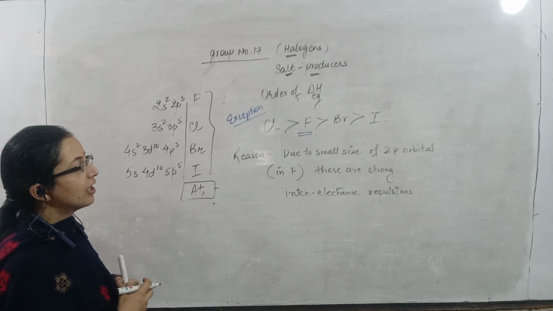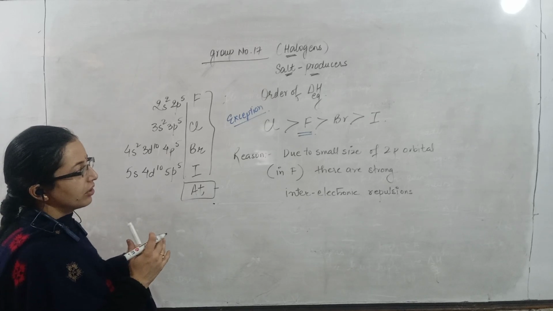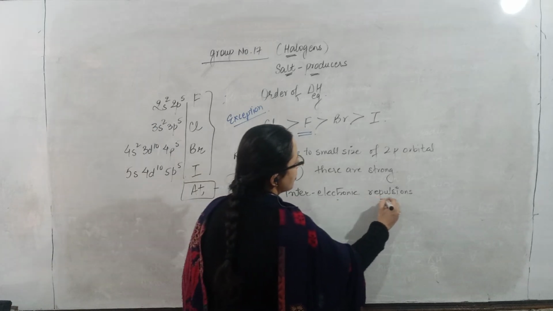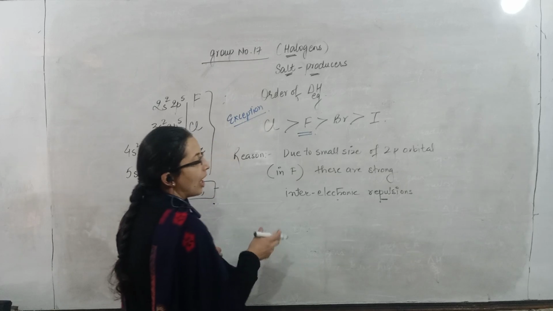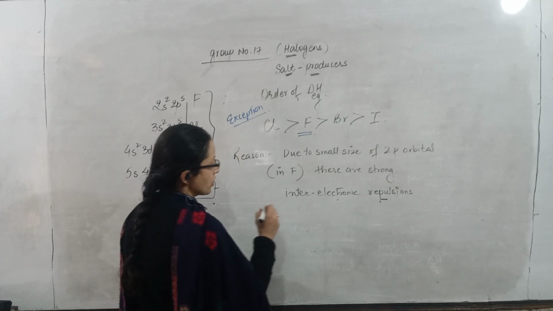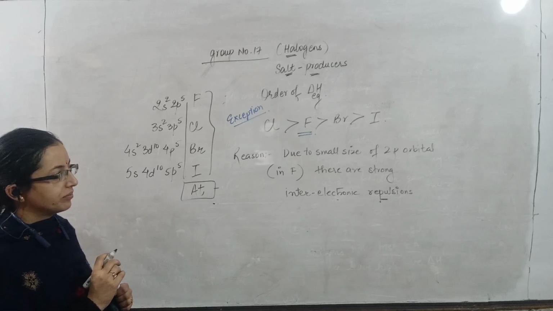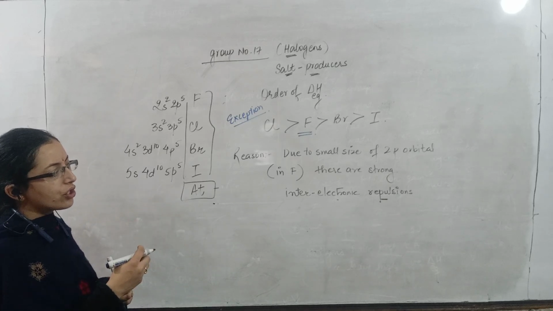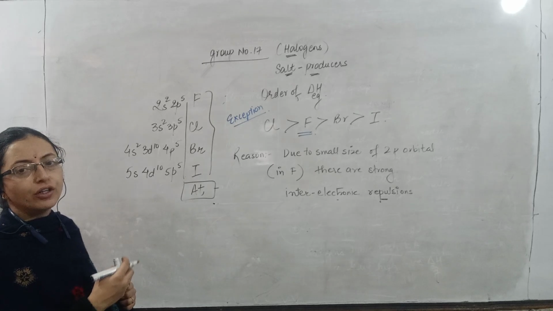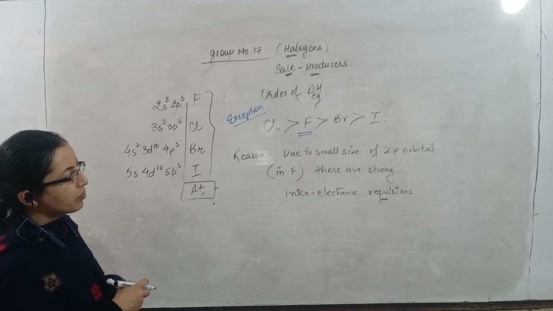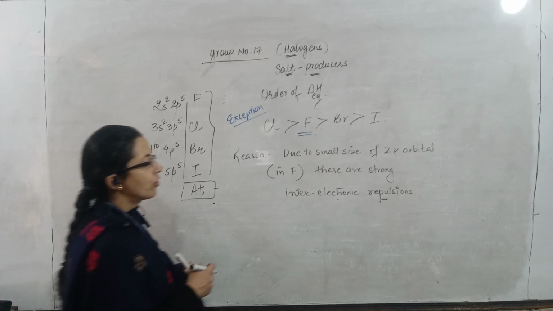Electron density is high, so inter-electronic repulsions will be there. And because of these repulsions, the electron will not be added easily. Any electron being added to the shell has to face repulsions, so it is not added easily.